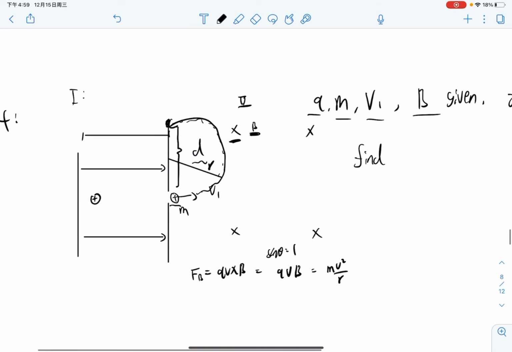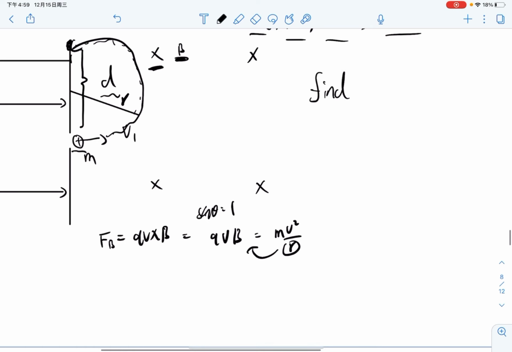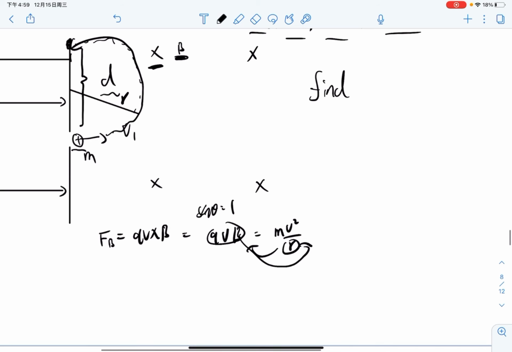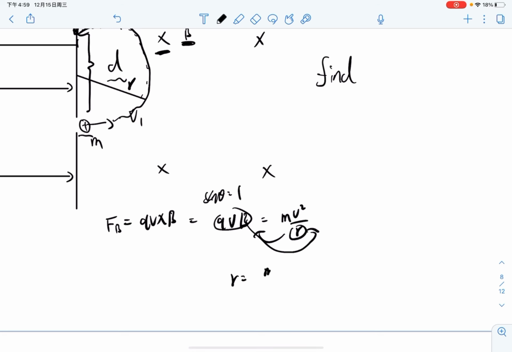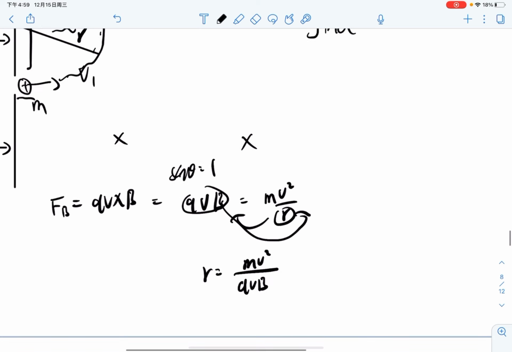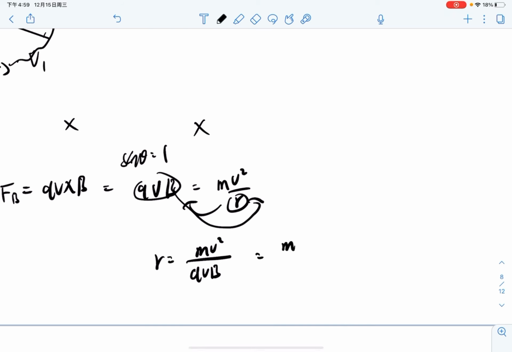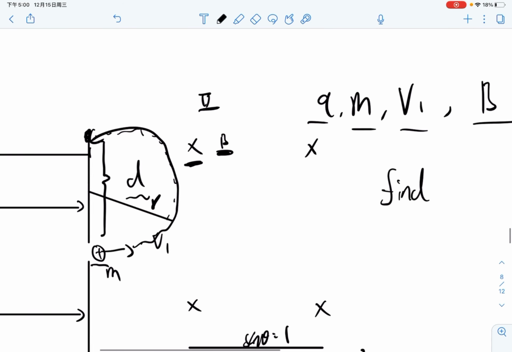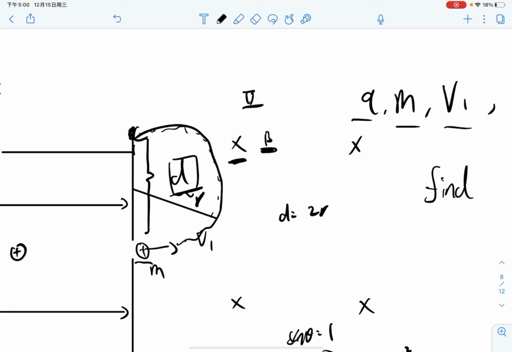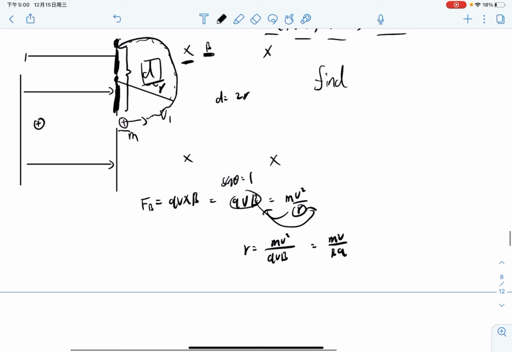Now just move R to that side and move this stuff to that side. You can have R equal to m v squared divided by qvB, which is equal to mv divided by Bq. And you know that d is equal to 2R, where this side is 1R and this side is 1R. So you can see that d is equal to 2mv divided by Bq.